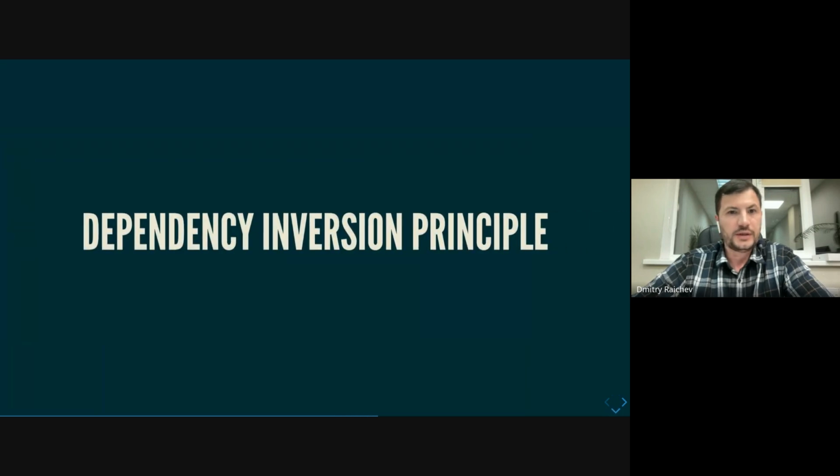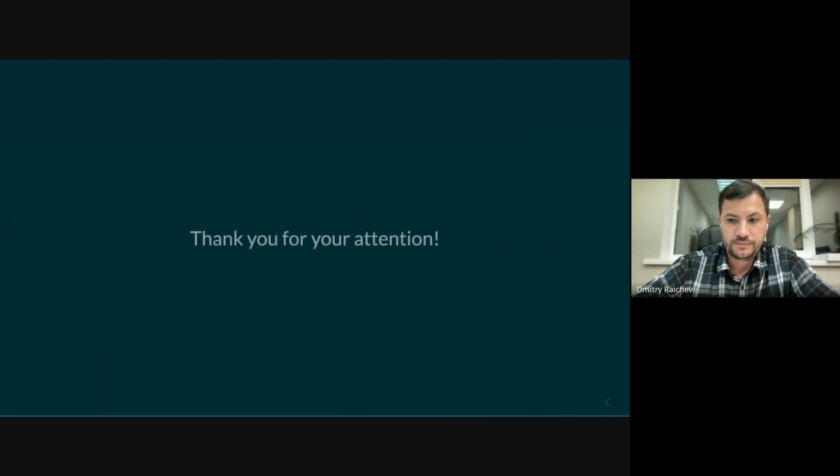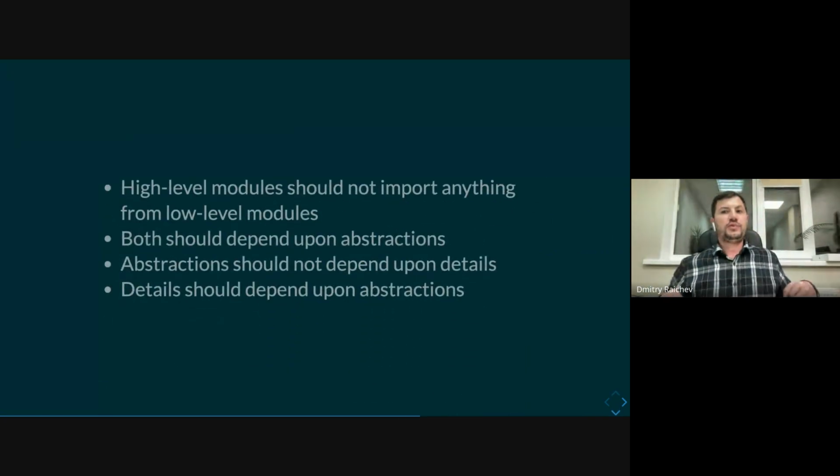Okay, the next principle is dependency inversion, and sorry, this is probably the most difficult one, and at the same time, it's the most useful. It allows us to build the architecture of our application rather than just structure, because other principles are more about structuring things, whereas the dependency inversion principle is about layering our abstractions.